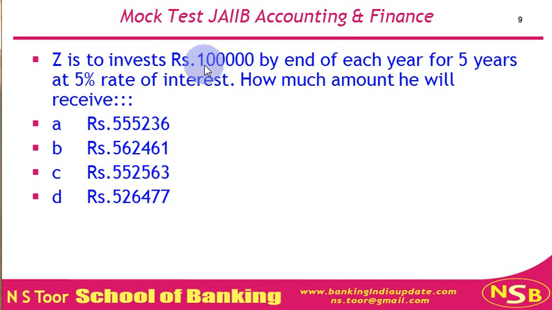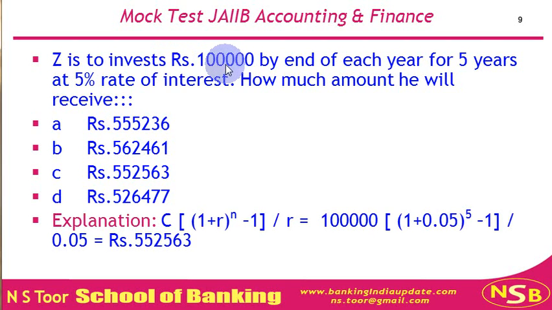It is given for the first year alone. So this is the formula which shall be used to make the calculation. C means annuity amount, into (1 plus r) raised to power n minus 1 divided by rate of interest. So this is the formula for annuity calculation.